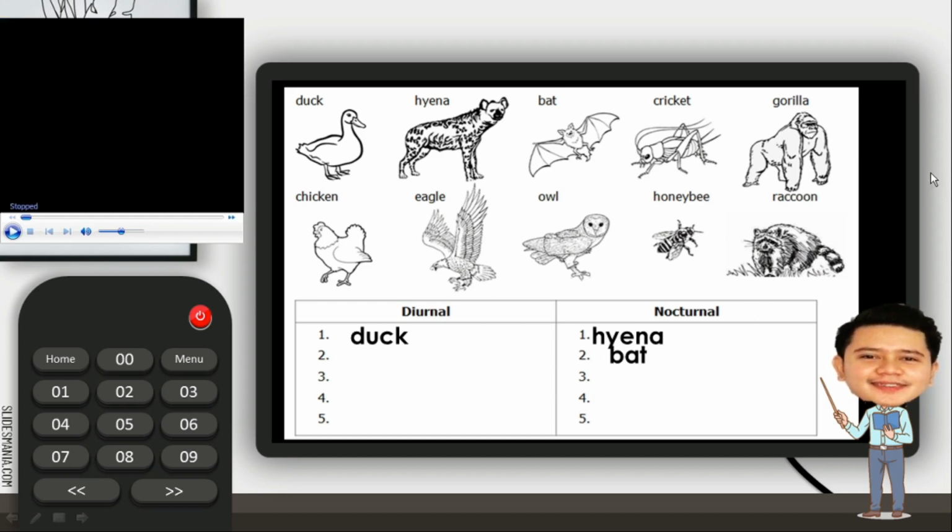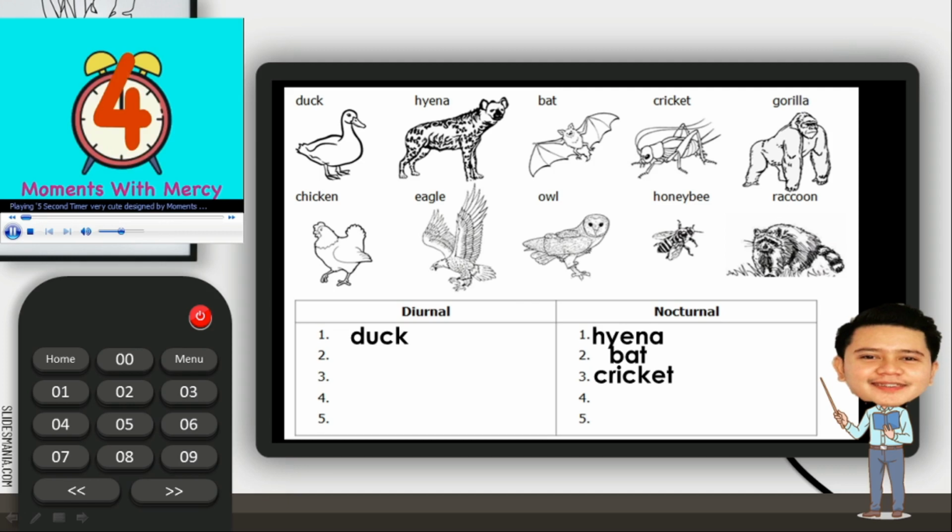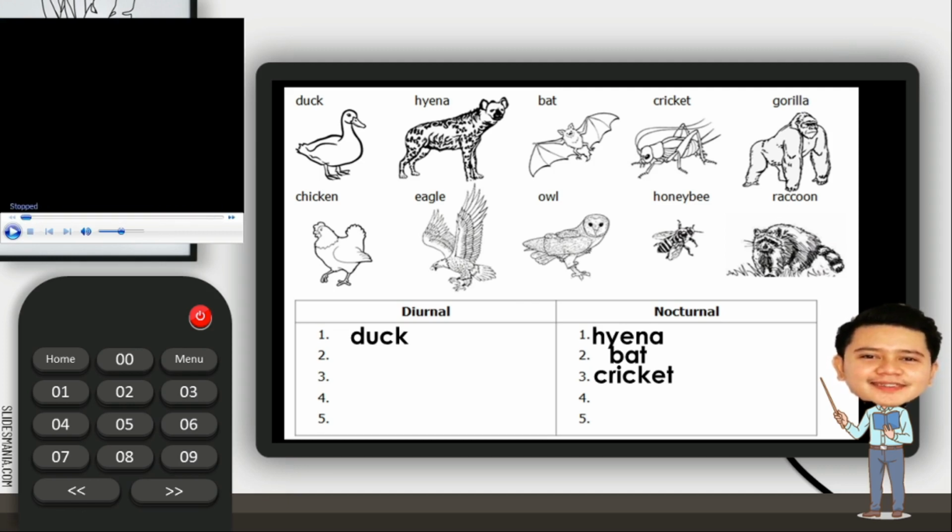The correct answer is nocturnal. Alright. Next, gorilla. Is it diurnal or nocturnal? 5 seconds. Alright. The correct answer is diurnal. Very good. So, a gorilla is an example of a diurnal animal.